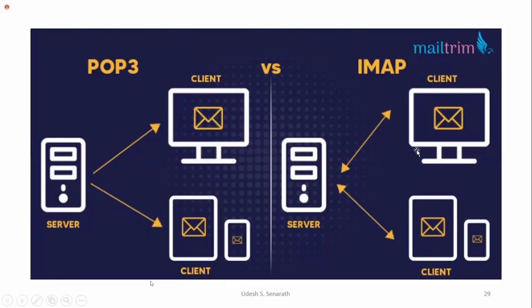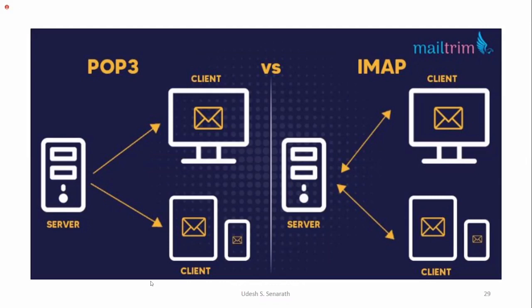But IMAP is different. IMAP is like this. Let's say, for an example, there's a newspaper in the news reading area in your home. You go there, you read the newspaper, and you come to your room. The newspaper is not with you in the room, it is in the newspaper area.